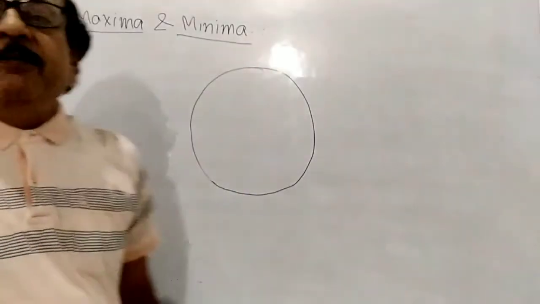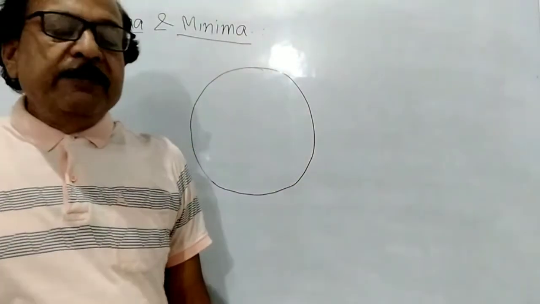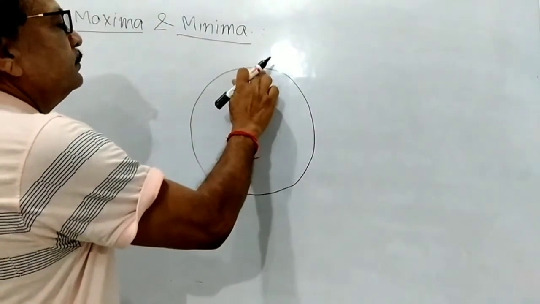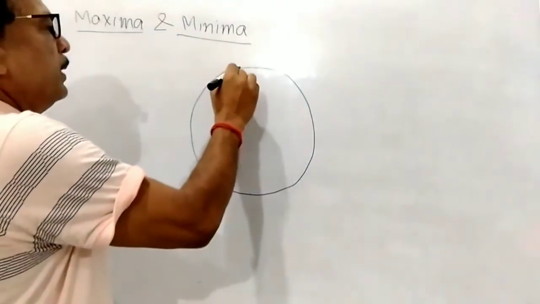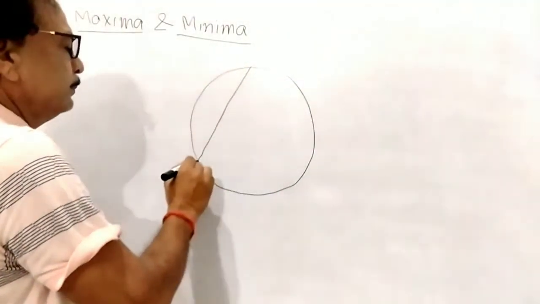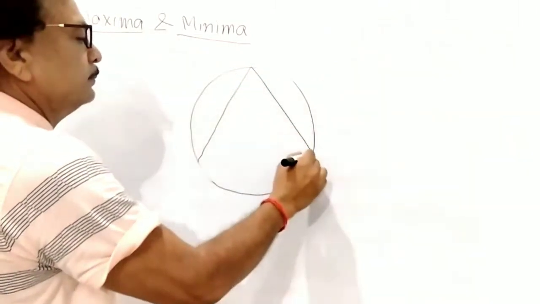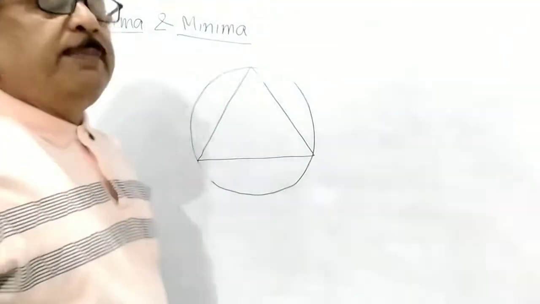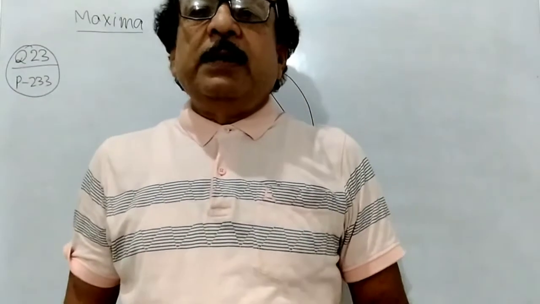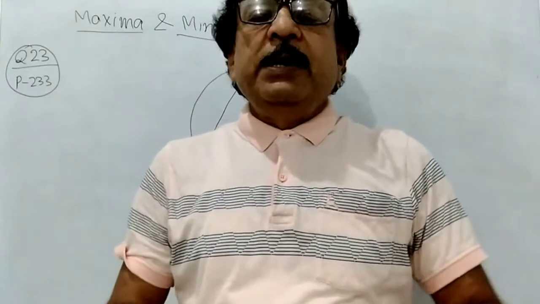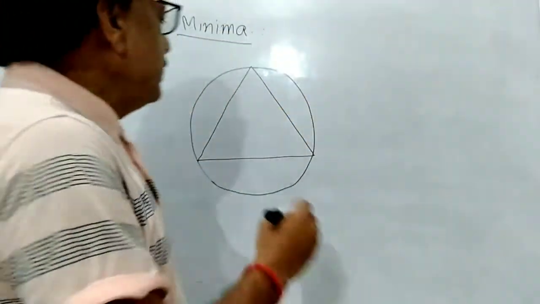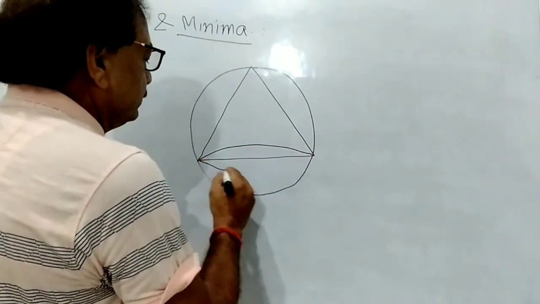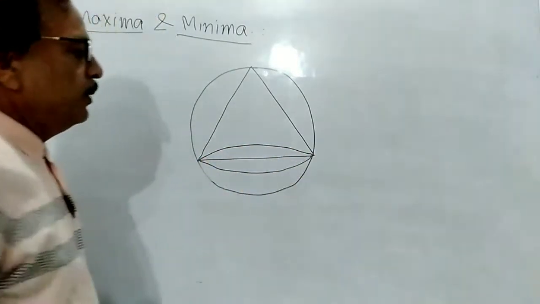The circle is given, and the cone is inscribed in this circle.